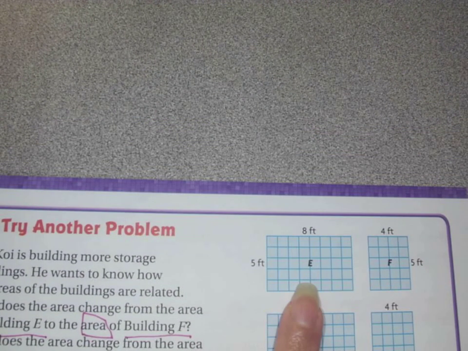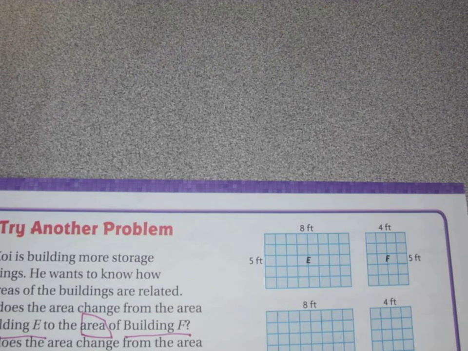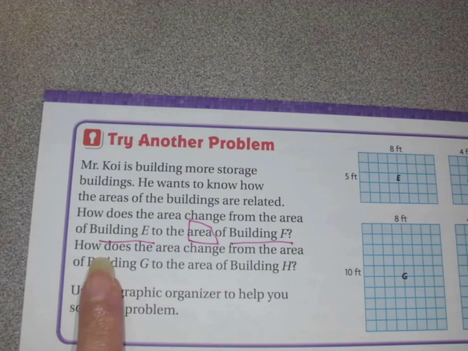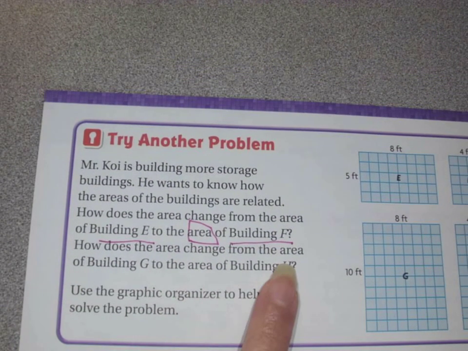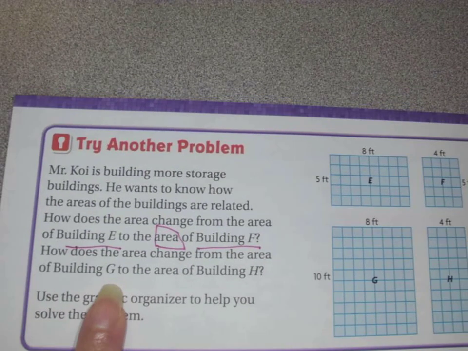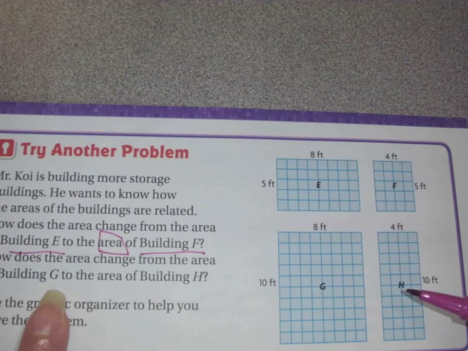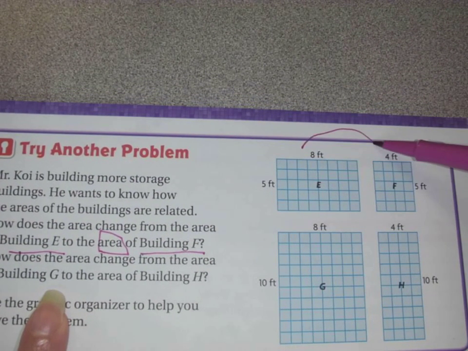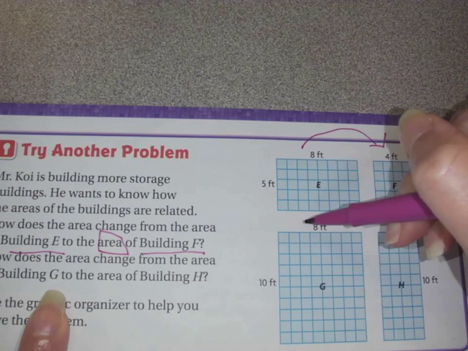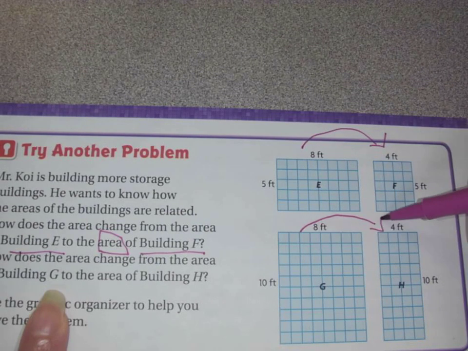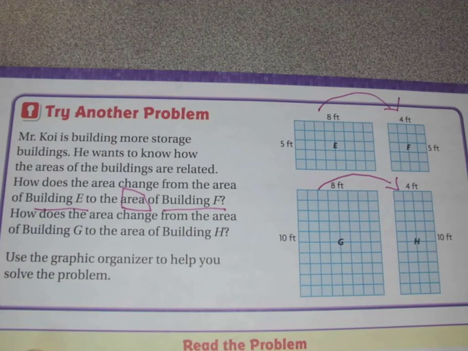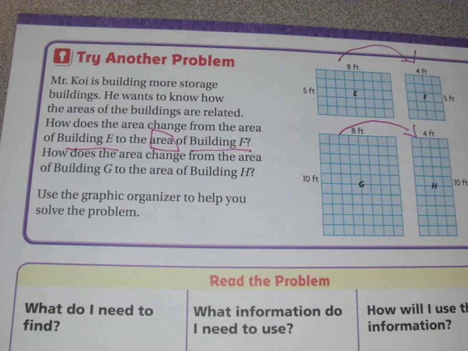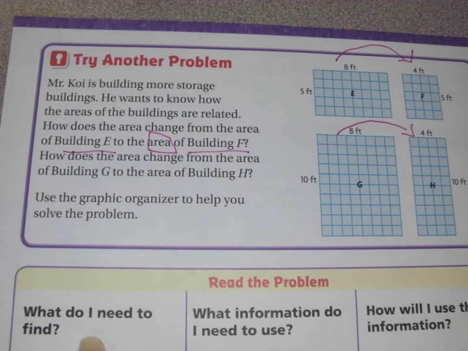So here's building E to building F, and then we need to figure out how does the area change from the area of building G to the area of building H, right here. So here's E, comparing E to F, and building G to H. And again, we're going to use a graphic organizer, which is the table, to help us organize our thoughts. All right, so let's, what do I need to find?